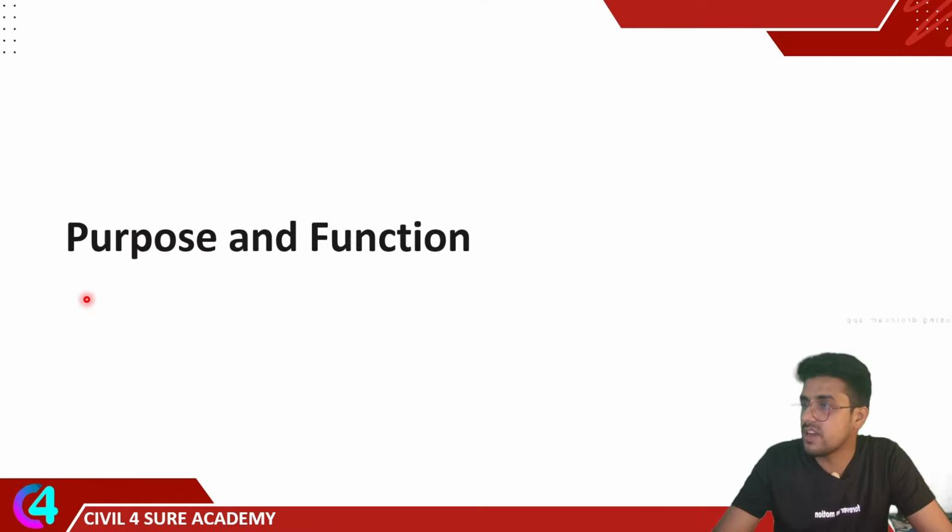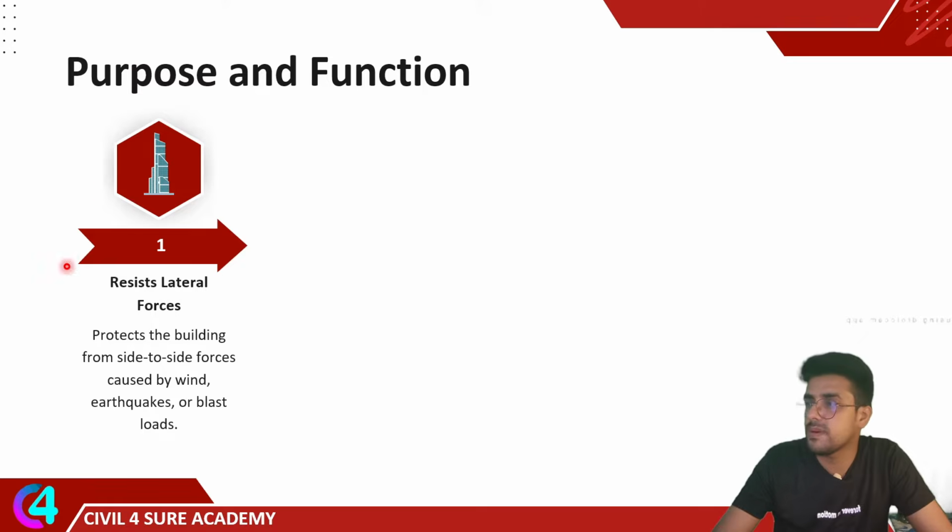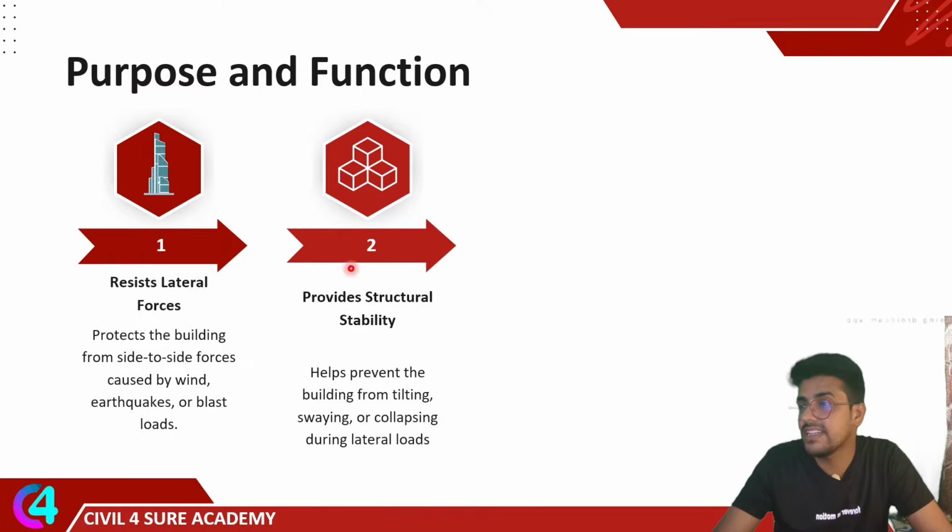Now let's talk about the purpose and the function. The first purpose is to resist the lateral forces. I already told you, in high rise or tall buildings, the side to side forces caused by wind and earthquakes, the shear walls are going to be very helpful. The second is that it provides structural stability and makes our structure very rigid.